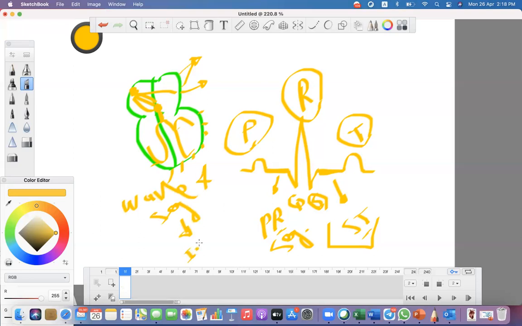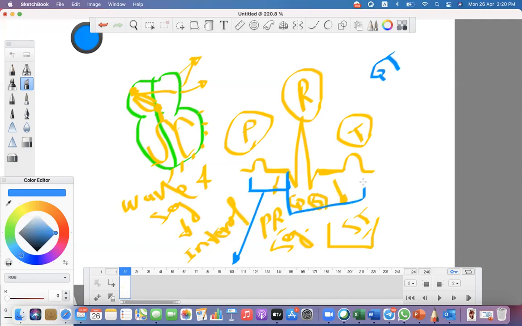And I have two important intervals in ECG. The first one is the PR interval, which equals the P wave plus the PR segment. This one is called the PR interval. And we have another very important one called the QT interval, which includes the start of the Q wave till the end of the T wave.